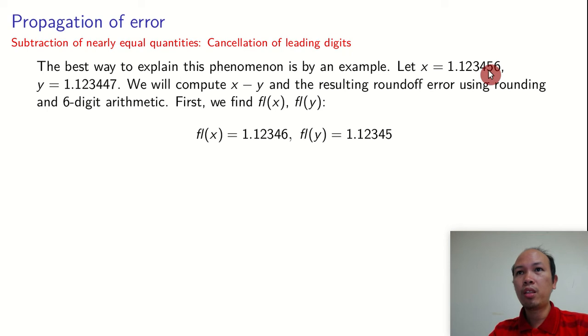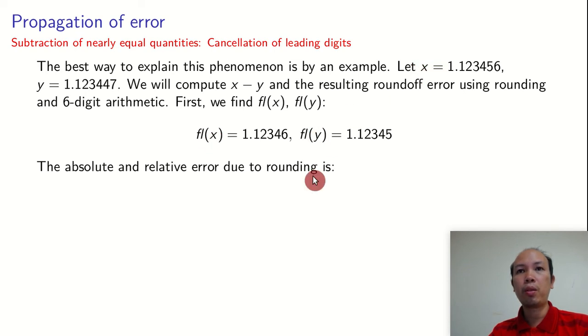So using rounding, you will add 1 to 5 since 6 is greater than 5, and 5 also here since 7 is greater than 5. We are using 6-digit arithmetic. This is the floating point representation of the real number x, and this is also for y.